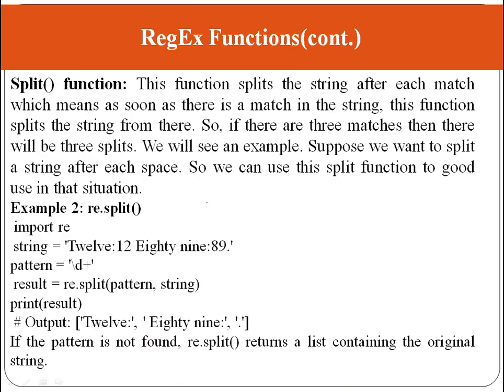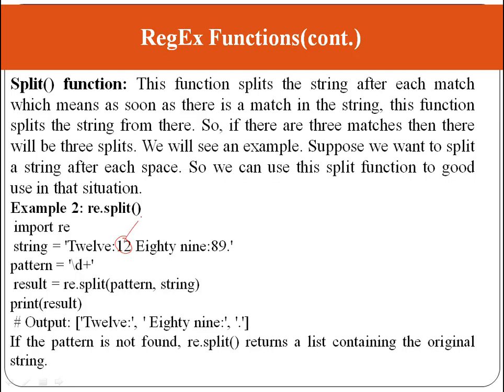Then split. This function splits the string after each match, which means as soon as there is a match in the string, this function splits the string from there. So if there are three matches, then there will be three splits. So let's see the example. Suppose we want to split a string after each space, right? So we can use the split function here.